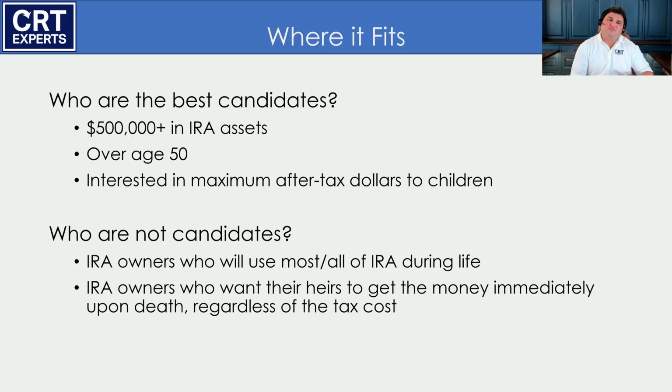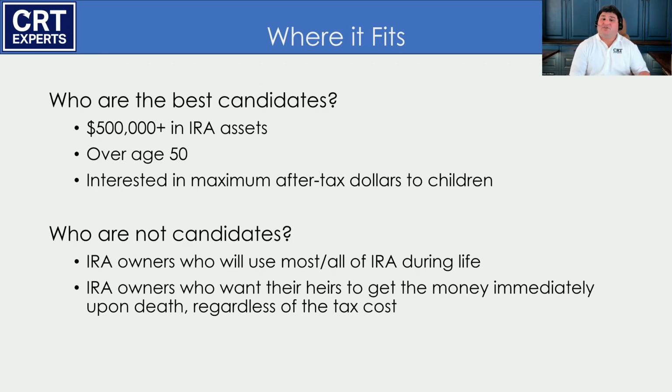So we would generally say $500,000 and up in expected retirement plan assets. Of course, we're looking at this as we get older, 50 plus generally. And these tend to be the tax sensitive clients that view this as a tax disaster, all those assets dropping onto their heirs during that 10-year window.